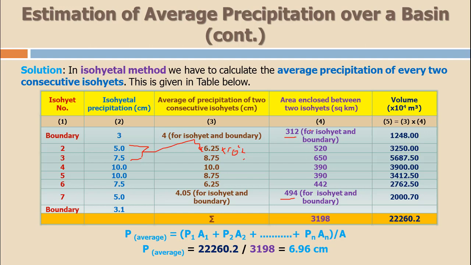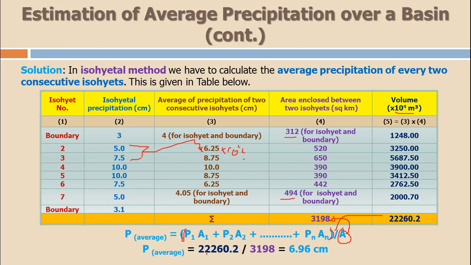At the end, the summation of these areas is 3198 square kilometer, and the summation of this is 22260.2 into 10 raised to the power 4 cubic meter. So this summation is actually this one. The value of this is this one, and the total area is this one.